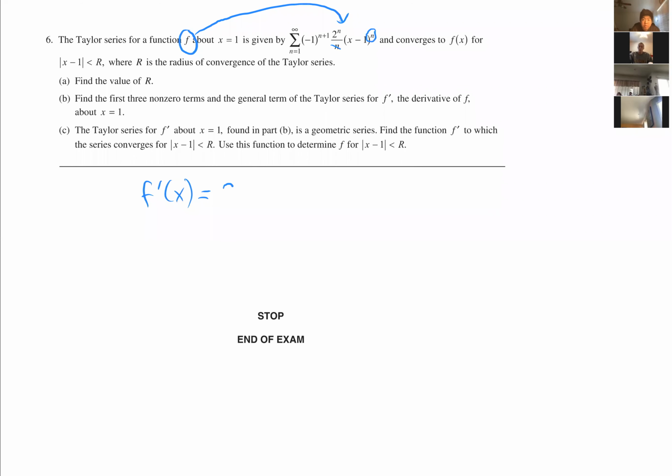So we have 2 to the n. And then you subtract 1 from the exponent. I want to be able to do a problem like this one, because this could definitely show up, having to take the derivative of a series. And we're going from 1 to infinity.